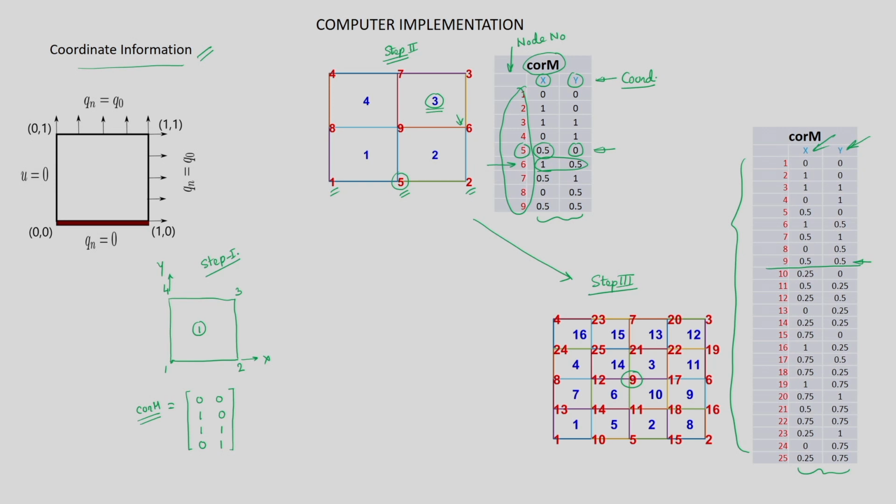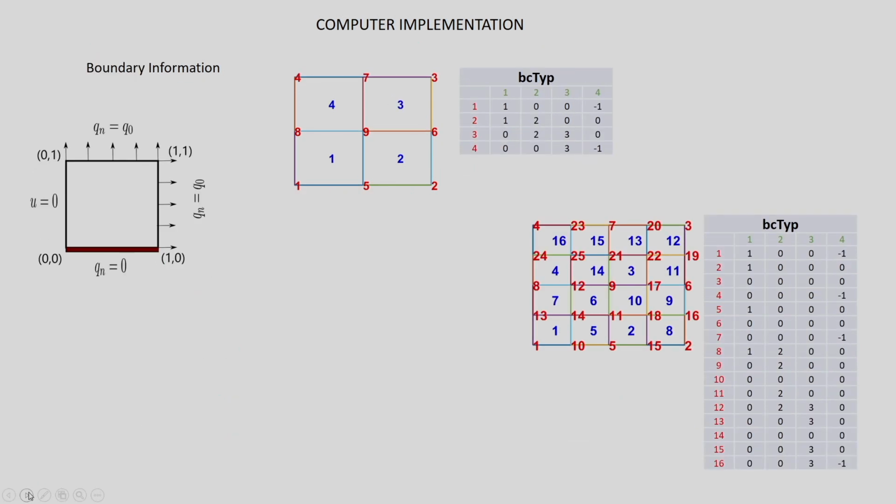Alright, fine. Now let us move and obtain the boundary information. Boundary information is required to calculate the second term in the right hand side, that is the contribution of the Neumann boundary, and also to enforce the Dirichlet boundary. Alright, so we have to identify in each element there are 4 sides, since we are using a quadrilateral element.